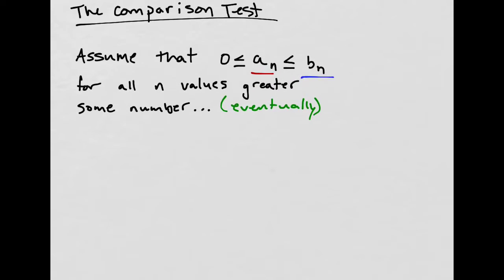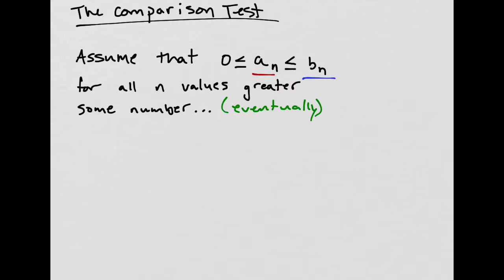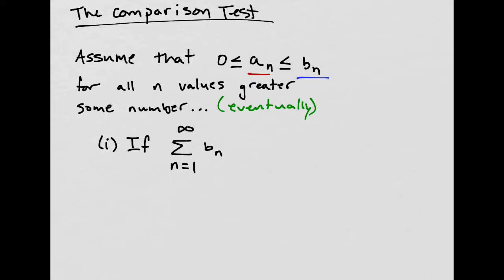So, assume that we have A sub n, which is smaller than B sub n. And this is the way I remember it. B sub n is bigger. B for bigger.